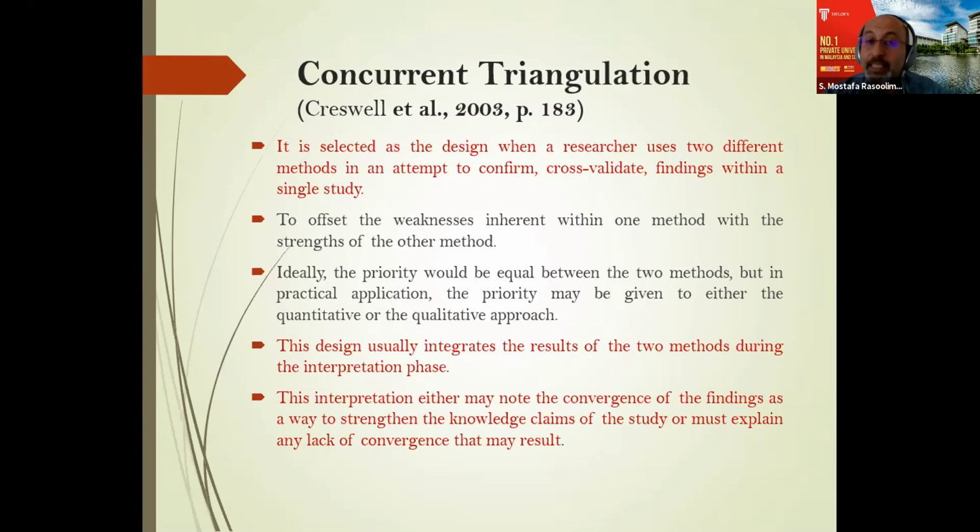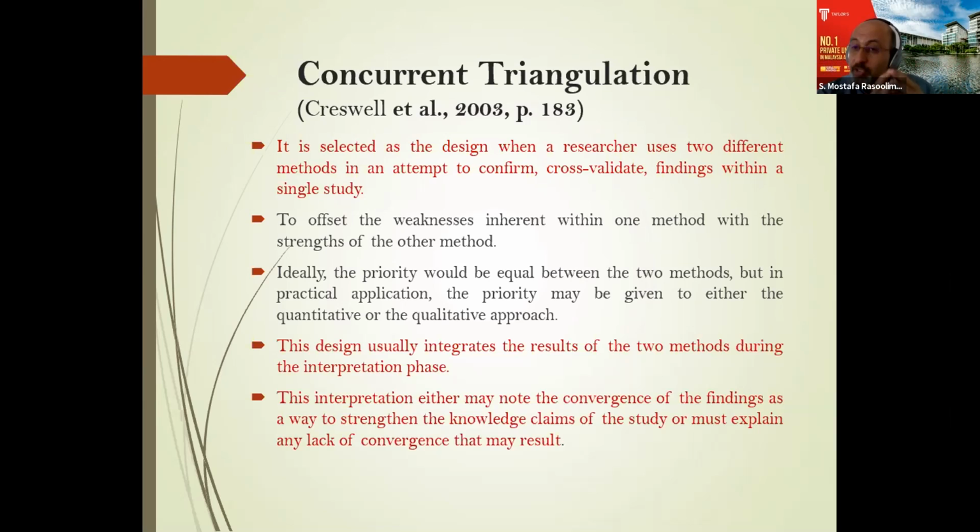This concurrent data collection can also be from two different respondents. For example, one respondent group is customers or employees, another is managers. One is students, another is teachers, right? So respondents can be different groups, but we can collect data simultaneously. We can collect data concurrently. We don't need to wait.